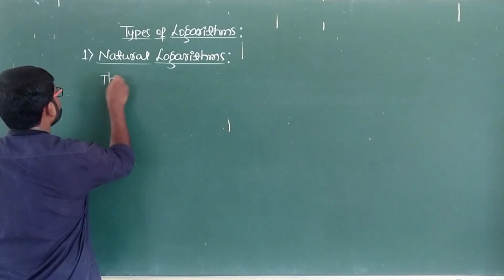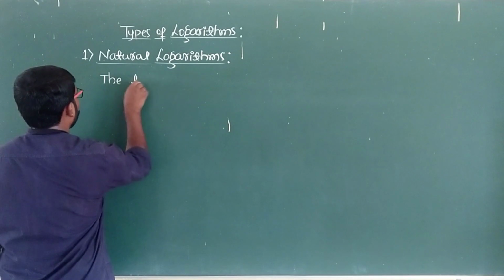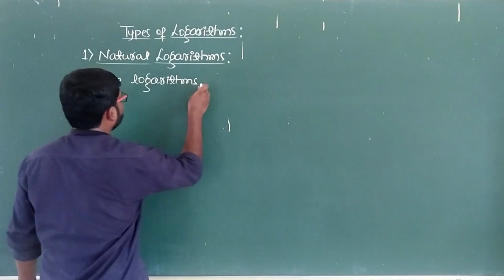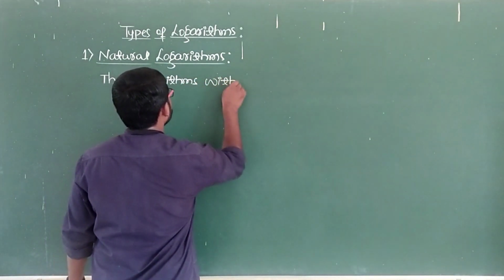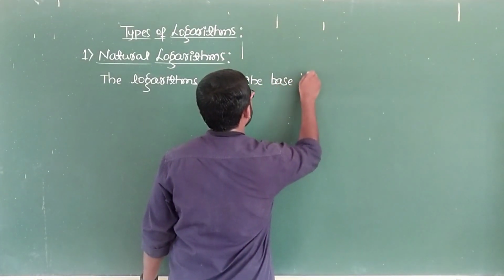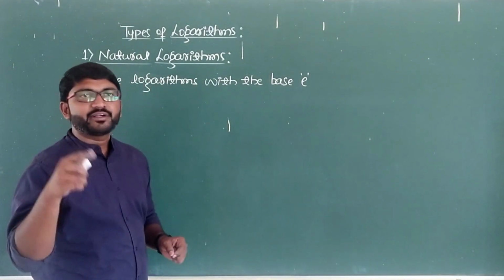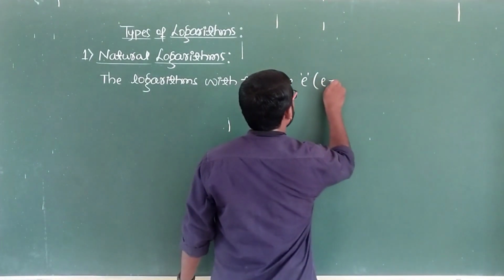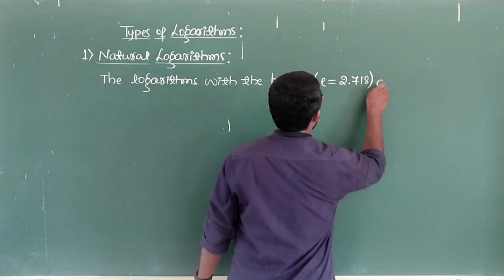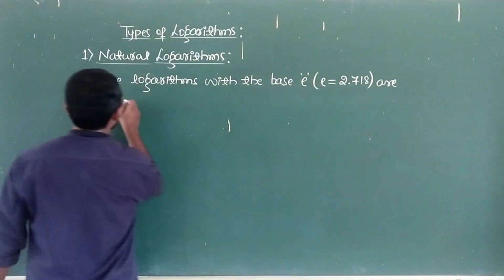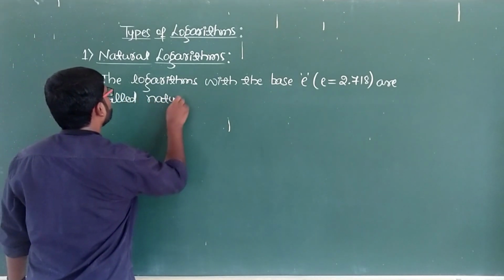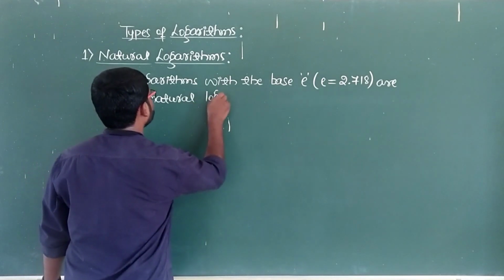The logarithms with the base e, where the value of e is 2.718, are called natural logarithms.